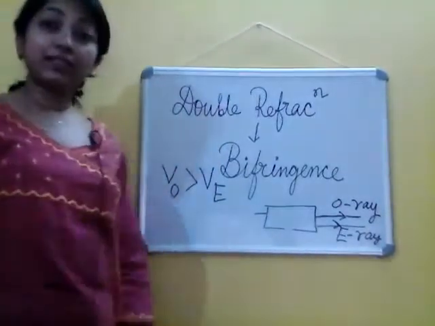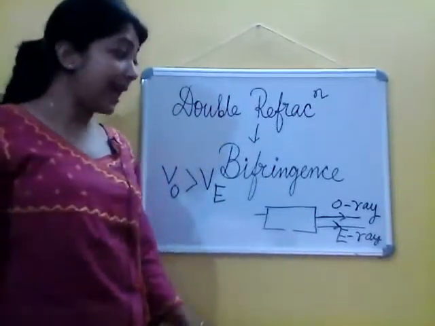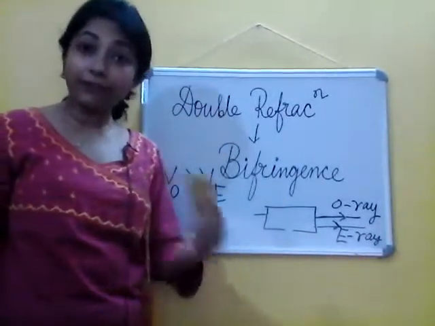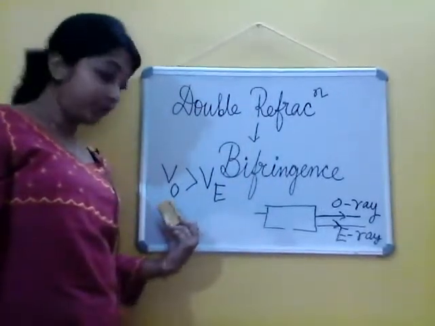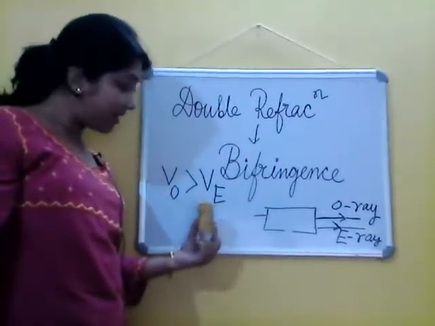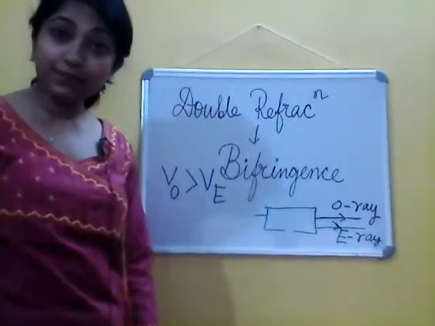These types of crystals are called positive crystals. Please note down that crystals which, after double refraction, show that the velocity of the O ray is greater than the velocity of the E ray are called positive crystals.